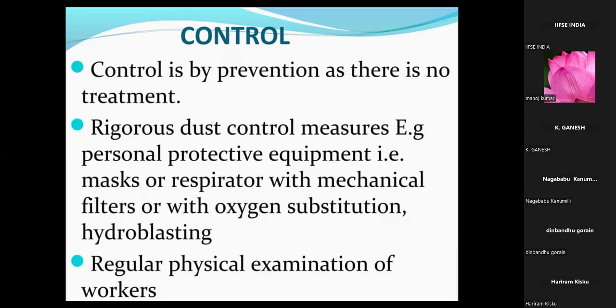So here, provide them proper PPEs, train them how to use them, continuously monitor them to use the PPEs, required job-related PPEs. Then rigorous dust control measures. For example, besides the PPEs, other mechanical filters, oxygen substitution or hydroblasting. Hydroblasting is the spraying of water.